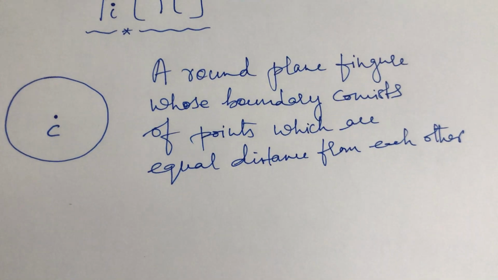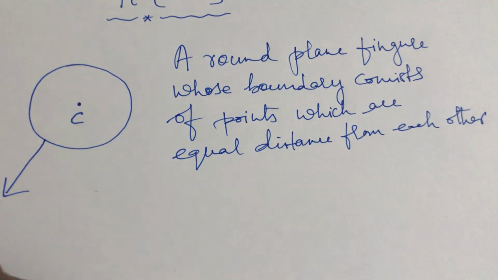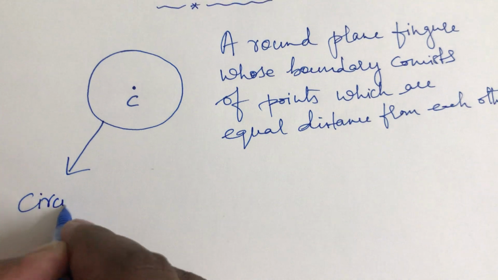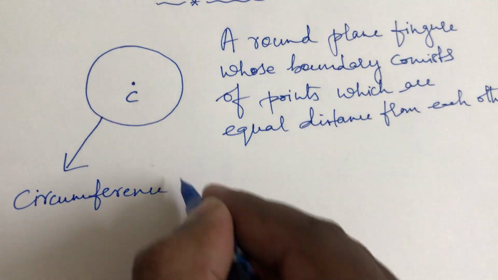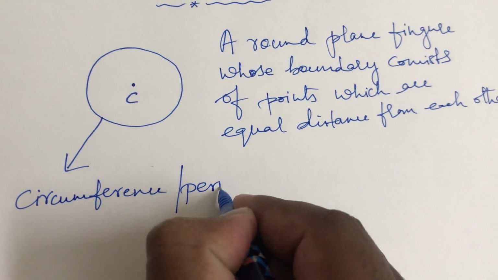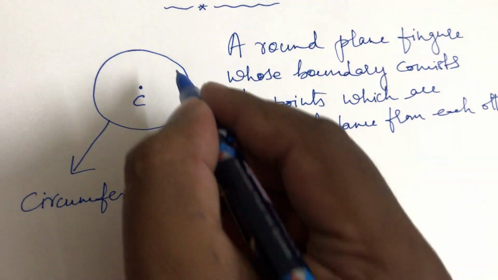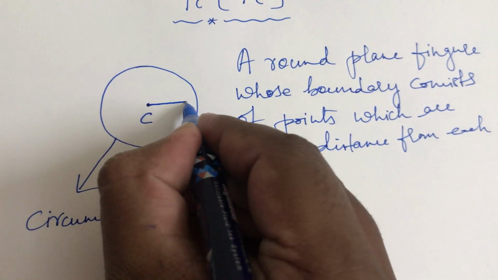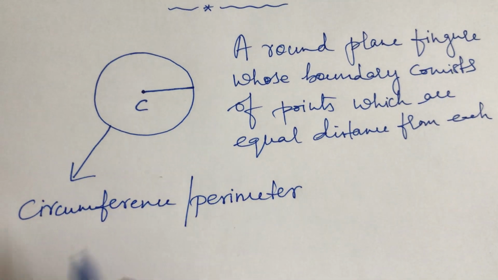This boundary is called the circumference or perimeter.